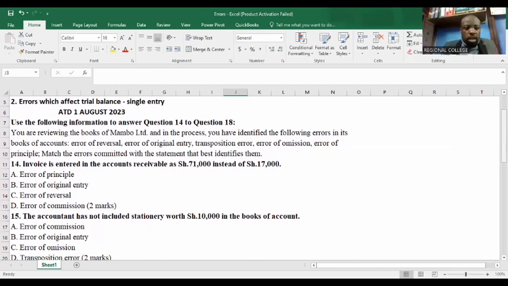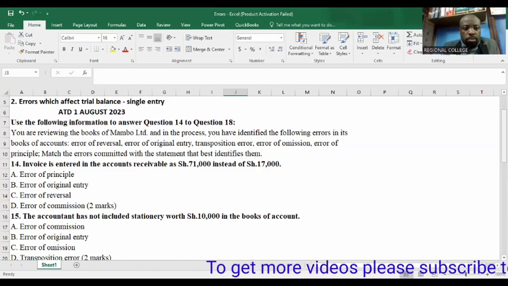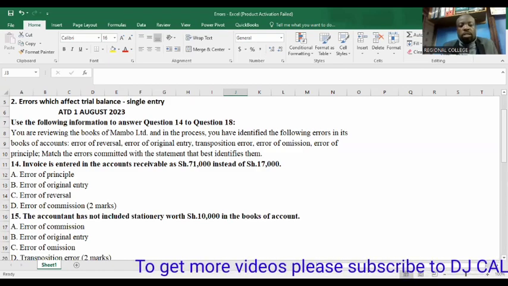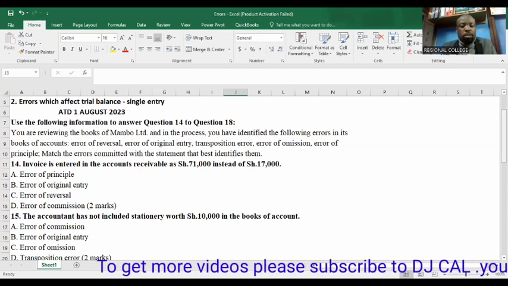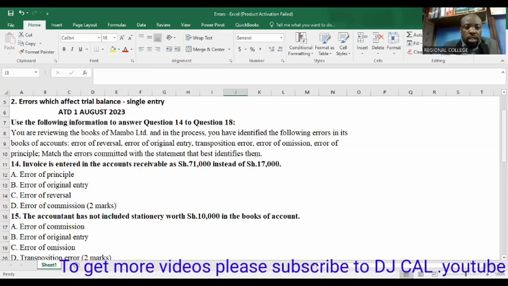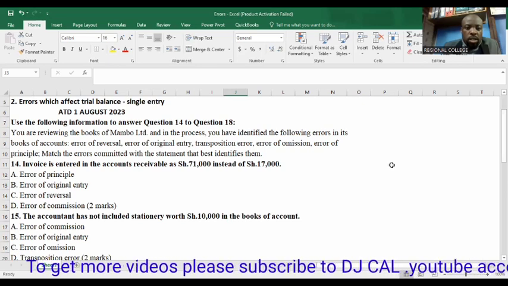So number 14 says now, an invoice is entered in the accounts receivable as 71,000 instead of 17,000. The invoice of your receivable came, and the amount in the invoice is 17,000, but the person who was recording it in the ledger recorded it as 71,000.